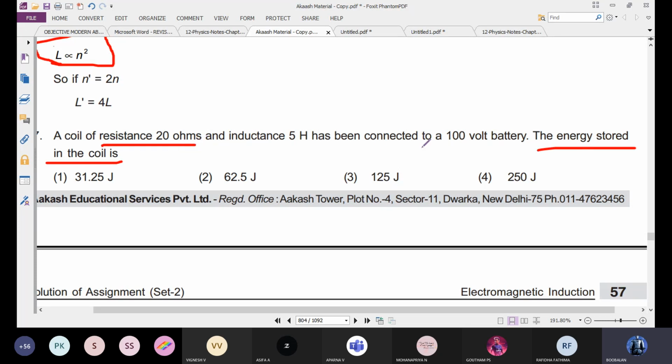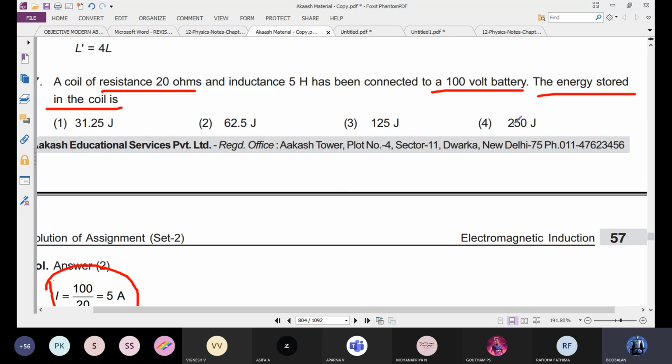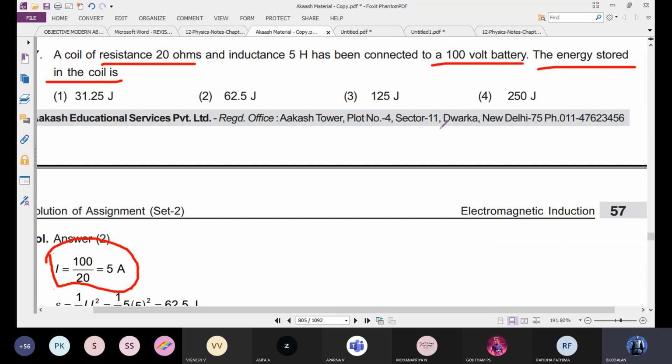Resistance value is 20 ohm, voltage is 100 volt. Using Ohm's law, you will get the I value, that is 5 ampere. So finally 62.5 joule. Energy means the unit is joule. Please note down.